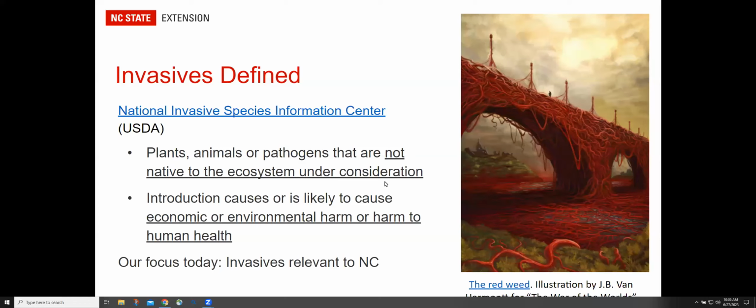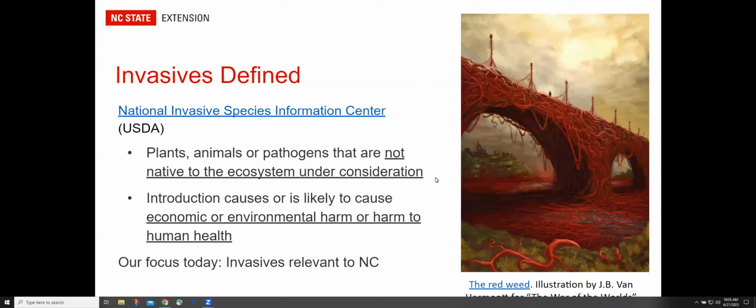I wasn't as familiar with the redweed that was introduced there, but there are some pretty interesting illustrations online, and you could see if this was real, it would be a pretty bad thing, a weed that was able to take over and cover everything, which kind of makes you think of some of our invasive weeds such as kudzu.